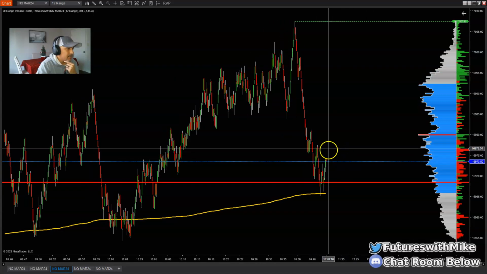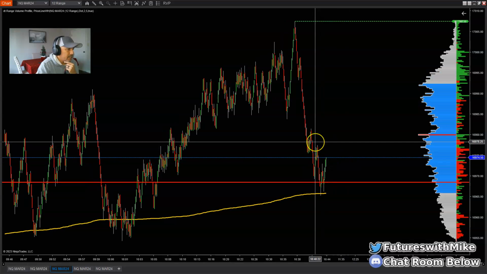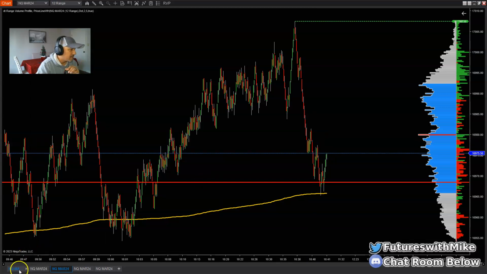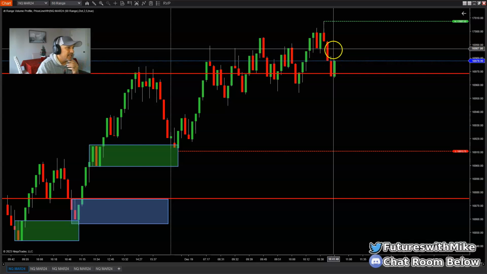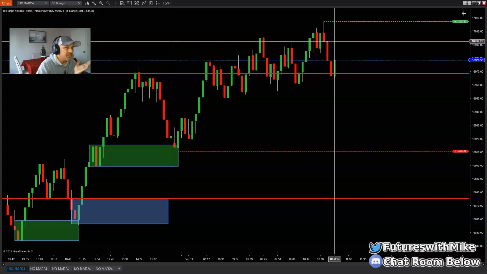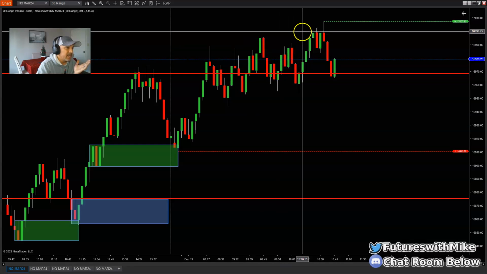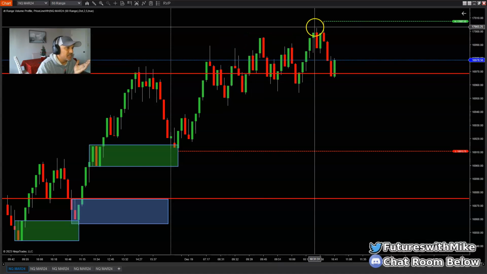And it's probably going to at least come up here and test this area imbalance right here at 78.25, and possibly higher. Look at the higher time frame. It could test this area right here, 78.25 exactly, and then it may even come up here and run up to 92 and a quarter. See, this was a demand. This is a break of structure.